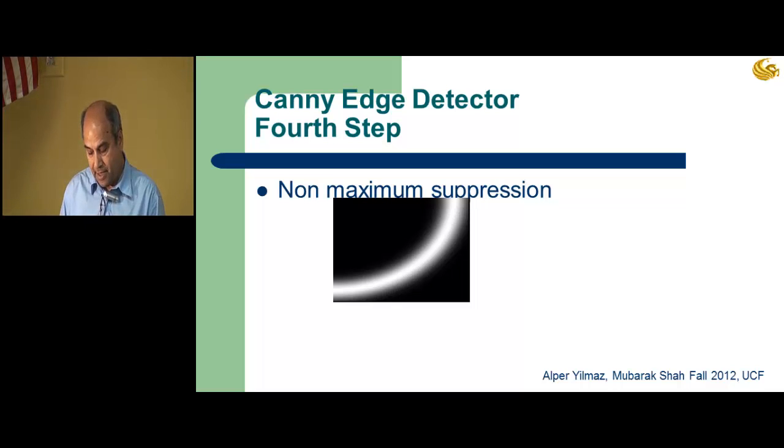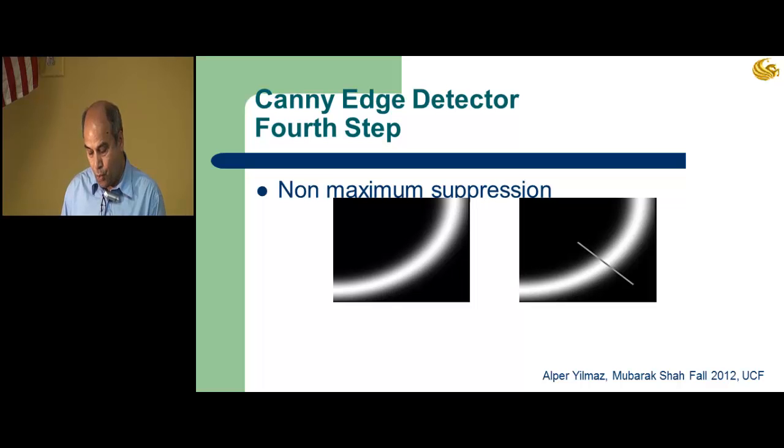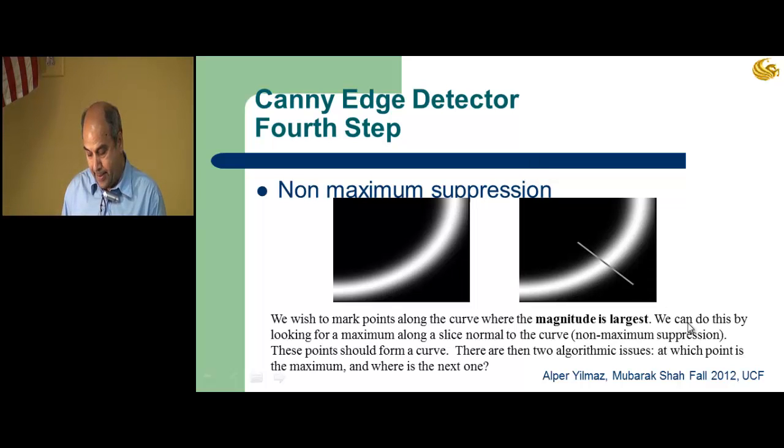Suppose the image is like this, and we look at the change in this direction. We want to look at the neighborhood of each pixel and see if it is above the other neighboring pixels, because we are expecting that if there's an edge, it has to be a maximum in the local neighborhood.